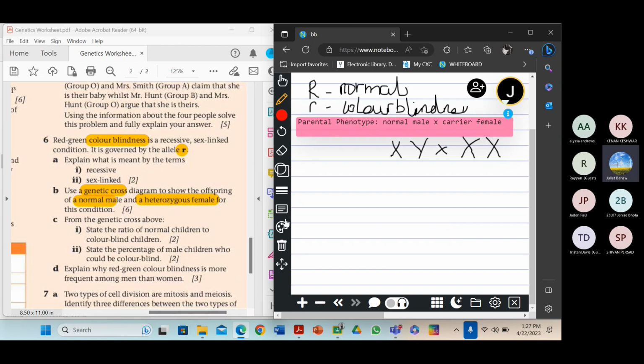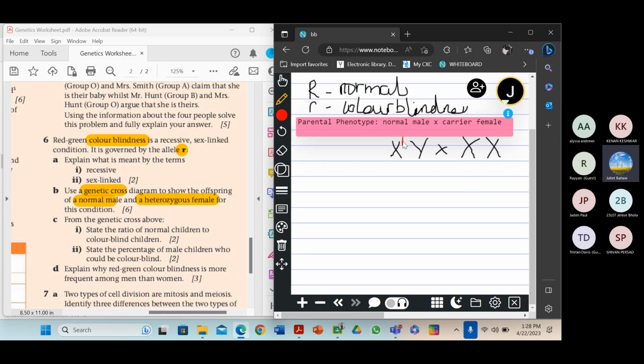Right, you tell me what is the allele for normal male now? What do we put in? Miss, for the male, they'll put a big R over the X. Very good.